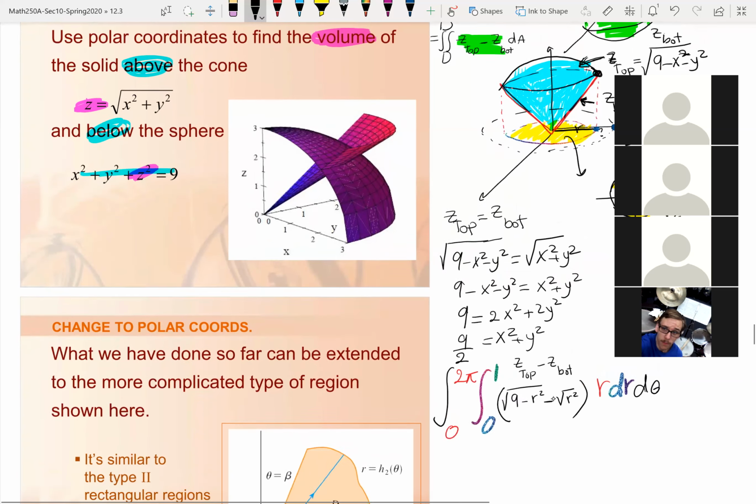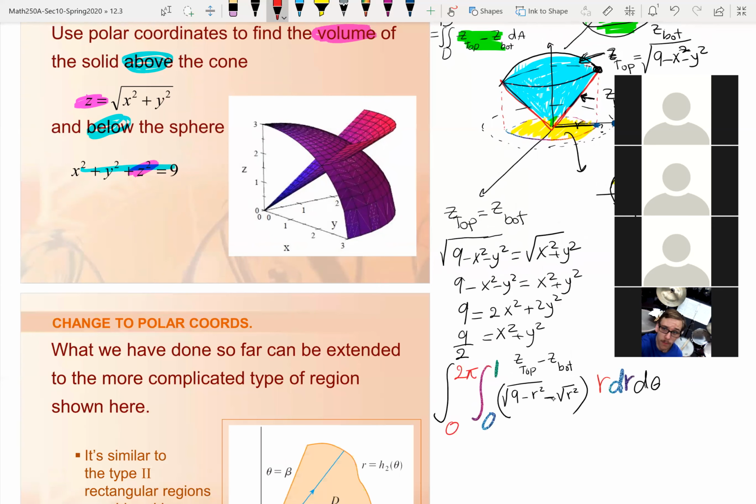I'll go back over here and rewrite one more time. This is the z top, which is the square root of 9 minus r squared, and this is the z bottom, which is r.